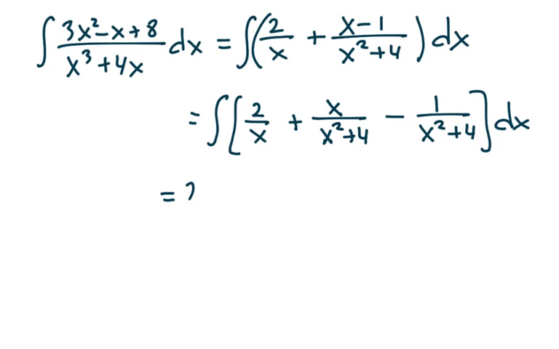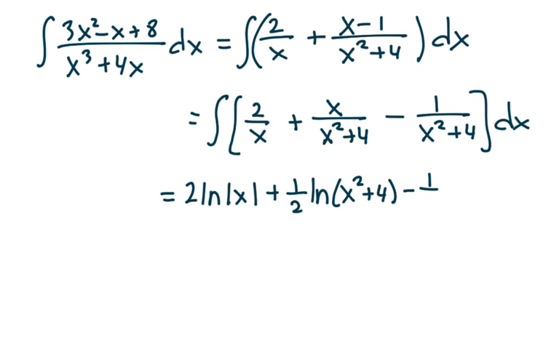So over here, it's 2 times natural log of the absolute value of x plus 1/2 natural log of x squared plus 4. And this third term is an arctan. So a is 2, right, for that third term. So I get 1 over 2 arctan of x over 2 plus c.